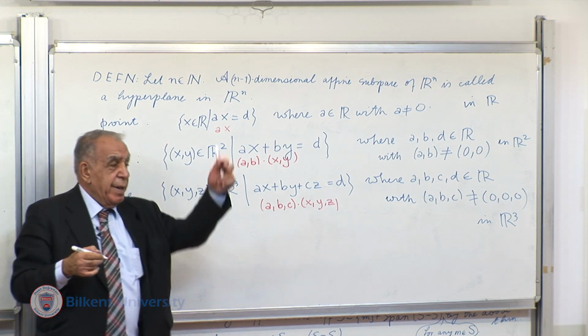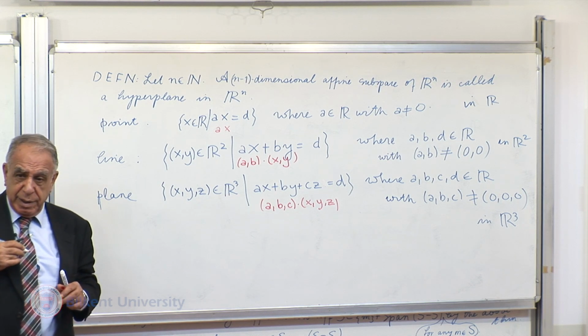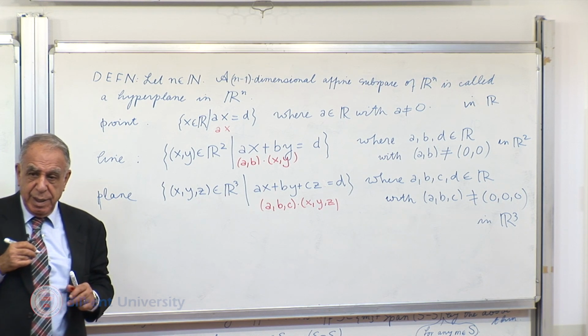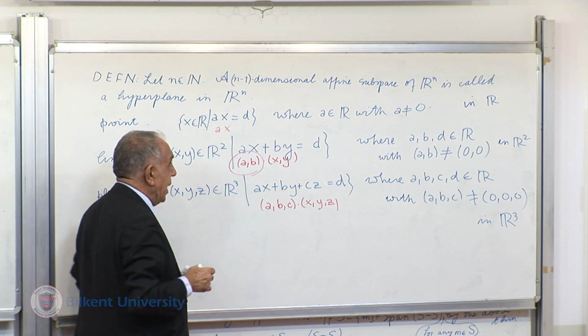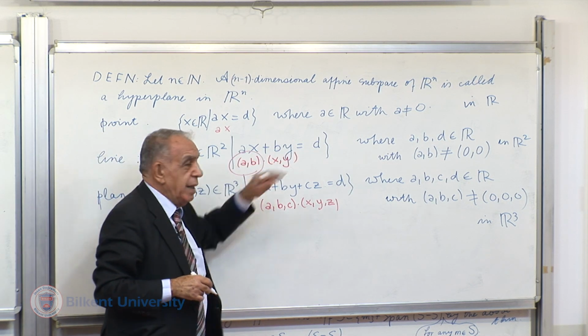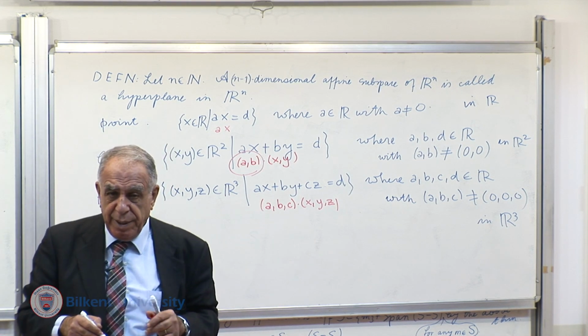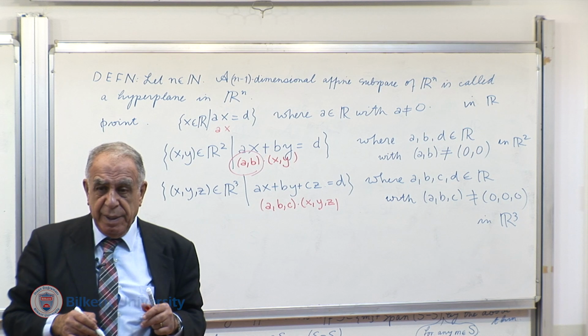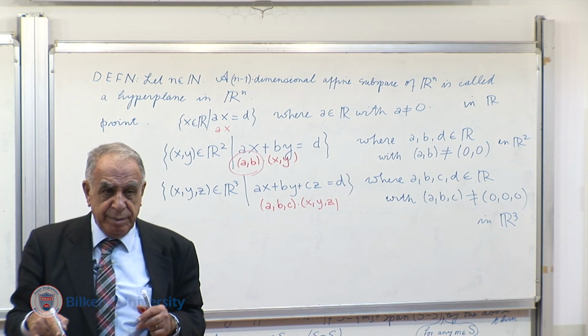Moreover, if we again go back to analytic geometry, this represents what? In relation to the line represented by that equation, AB is a normal vector to the line. Okay?